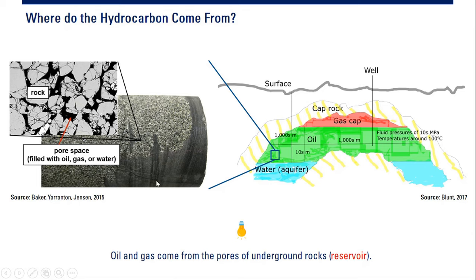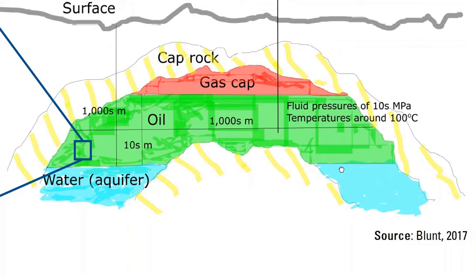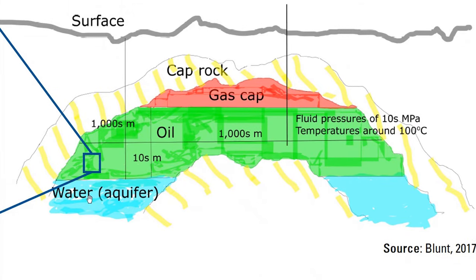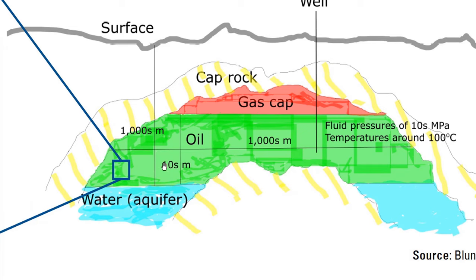And this is if I zoom in, but the big picture is actually like this. This is the conceptual reservoir. We have the aquifer below, and then oil, and then the gas cap above. And this is a body of rock, and we know that the rock is porous.